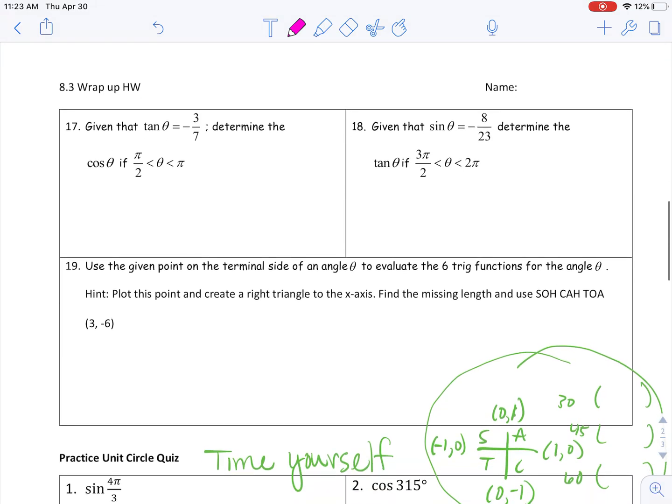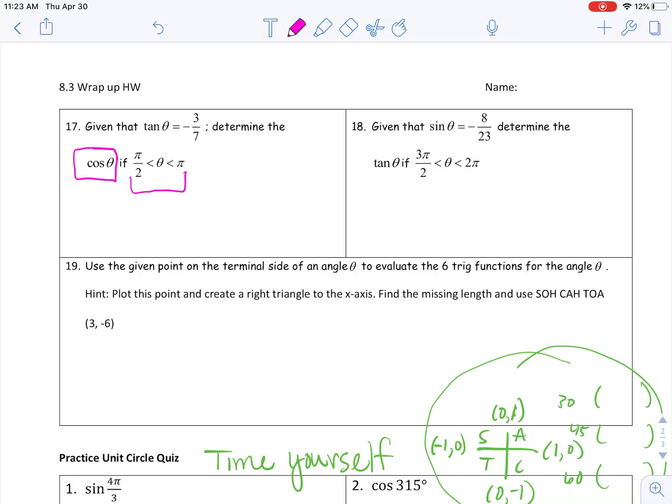All right, so here's some of the new problems that we just learned today. I'm going to give you one of your trig ratios, and you're going to find whichever one I've identified for you. So I want you to find cosine. And then I've given you the location of where this triangle or ratio is taking place.